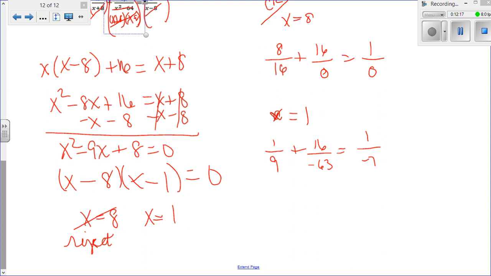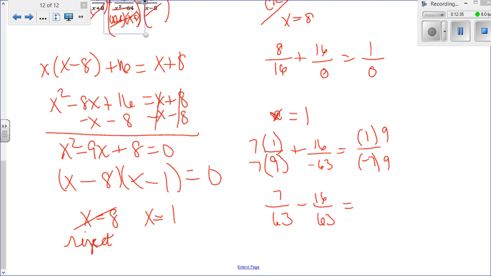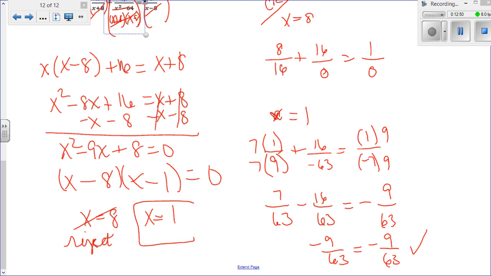So I need to multiply this by 7, nothing here, and this one by 9. So I have 7 over 63 minus 16 over 63 equals, since that's negative, we'll make the whole fraction negative, negative 9 over 63. And 7 minus 16 is negative 9 over 63 equals negative 9 over 63. So that works. Therefore, my answer is x equals 1.